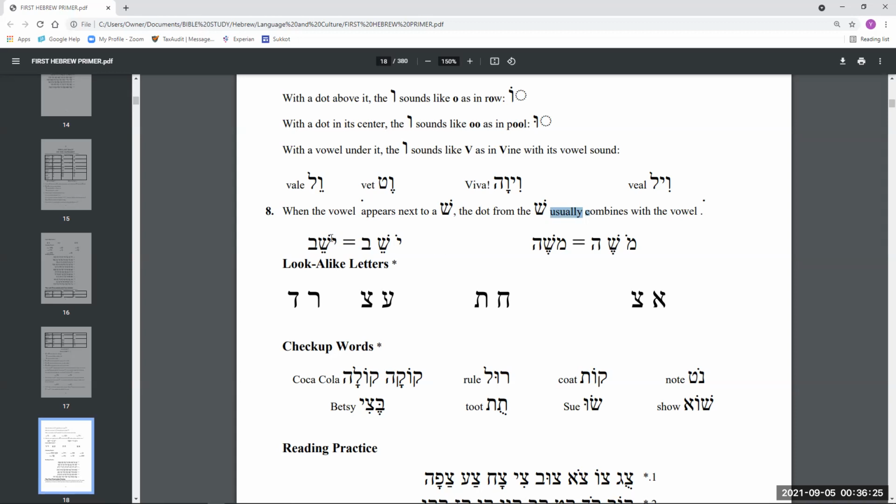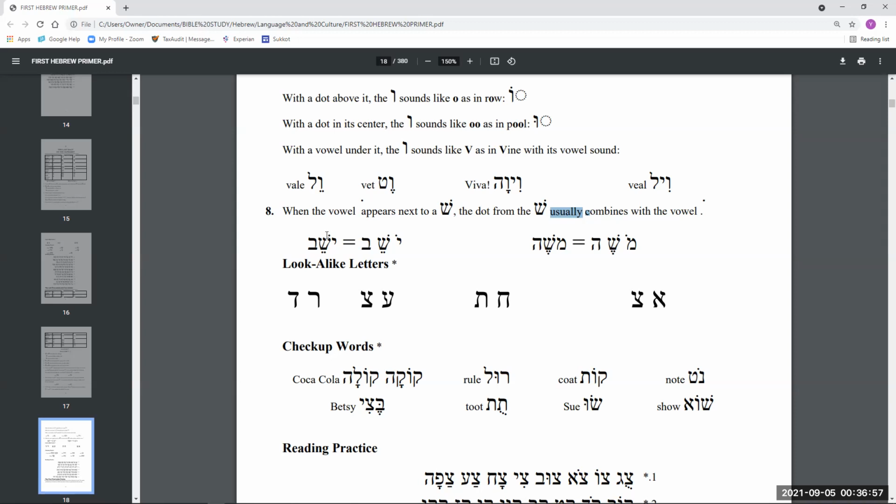So we see the yod with the shin and the bet. What you would normally see in the text would be this yod without a vowel point, and then you see the shin, and then the bet. And what usually applies here is that yod would take on that cholam right there.